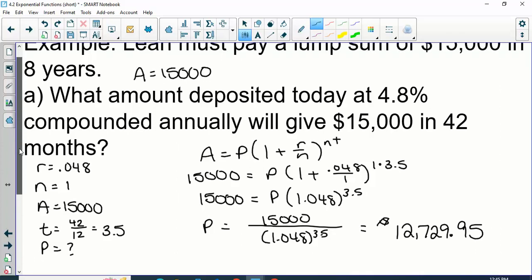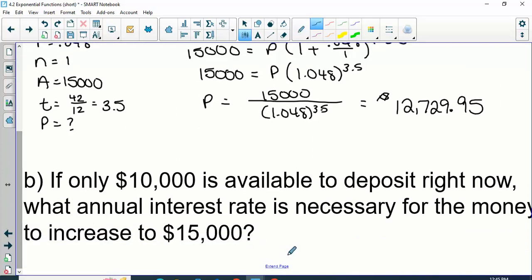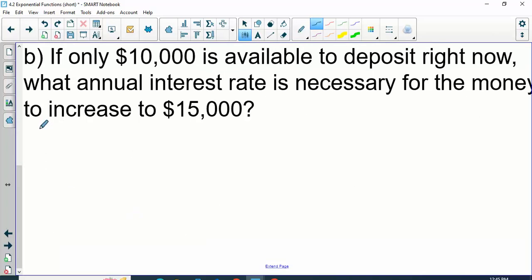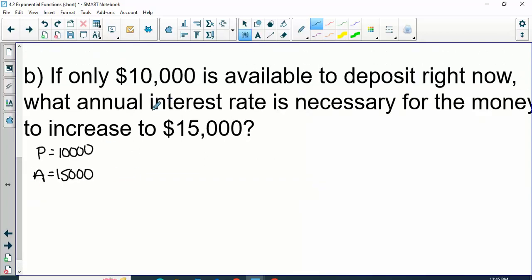Part B says, let's say we only have 10,000 right now. What does the 10,000 represent? The present. We still need the 15,000, so my A is 15,000. All right, so it says what annual interest rate, so my n is still 1.